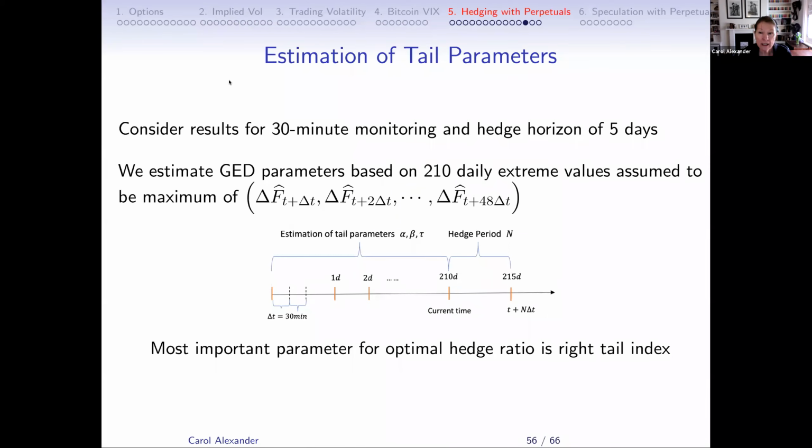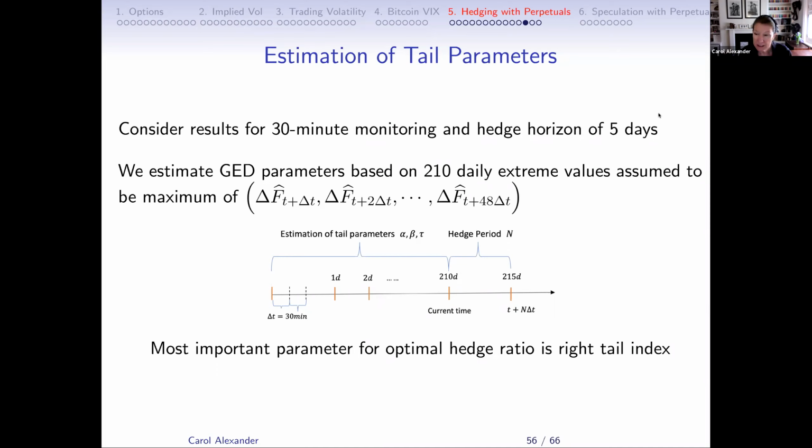So how do we estimate the tail parameters? Well, this is just an illustration, assuming 30-minute monitoring for the margin calls, and a hedge horizon of 5 days. But these are parameters that we change in our program.